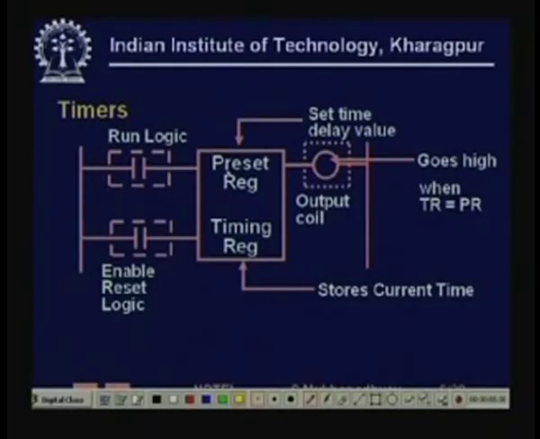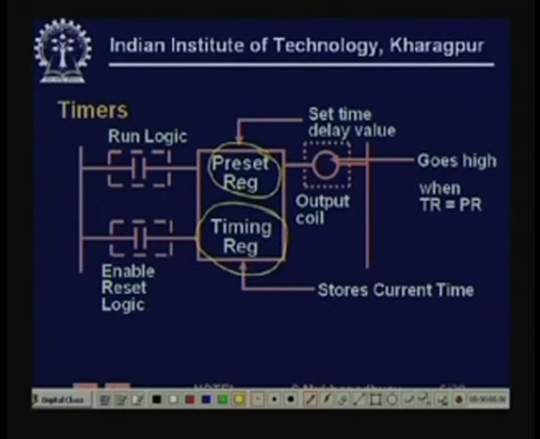How much delay, that can be programmed, number one. And number two, the basic idea of a timer is that there are two registers. One is called the preset register and the other is called the timing register.